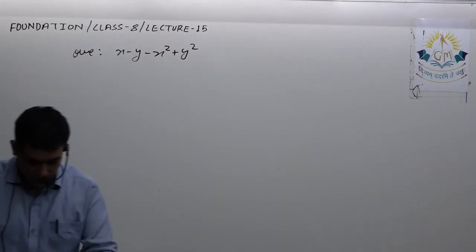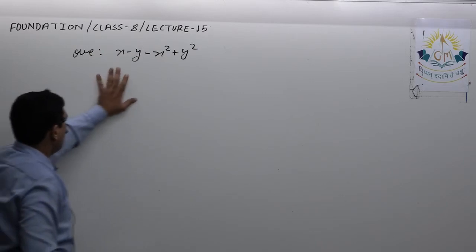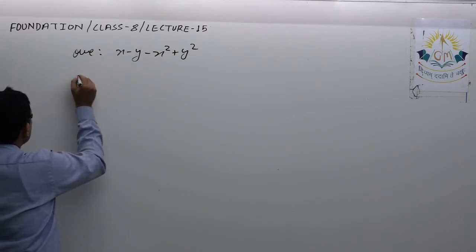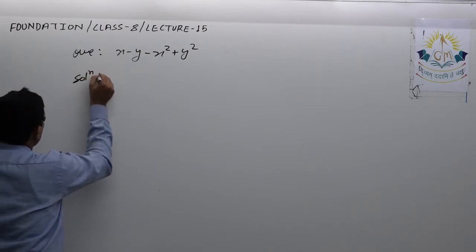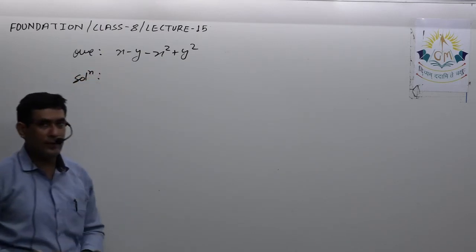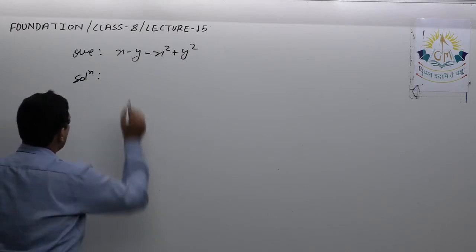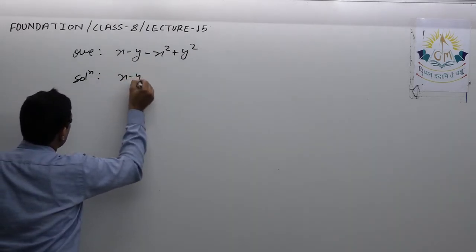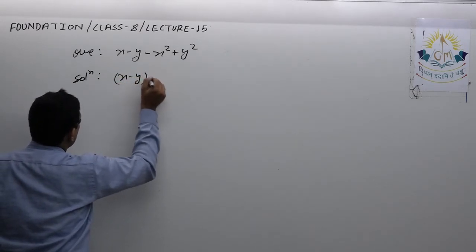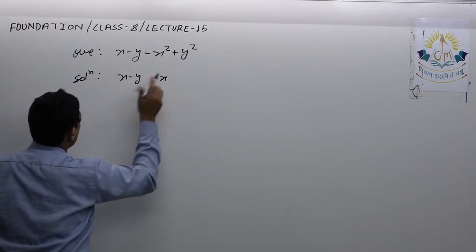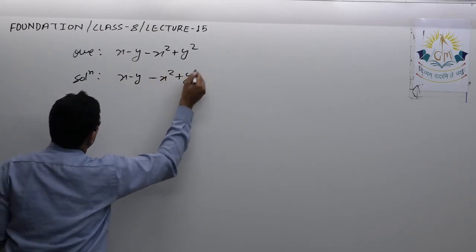Almost similar question we did in the same lecture only. The only thing is over here that you have to arrange these terms to set the expression in the form of an identity. So see, if I write x minus y as it is, then minus x square plus y square.